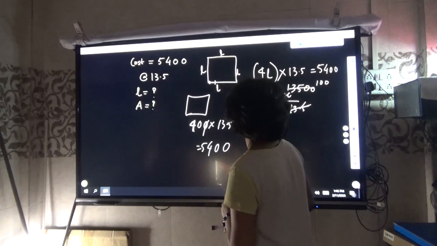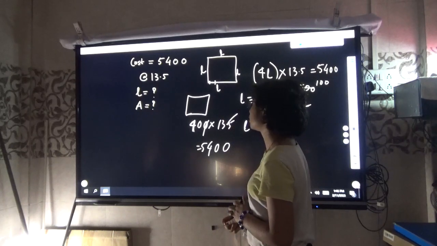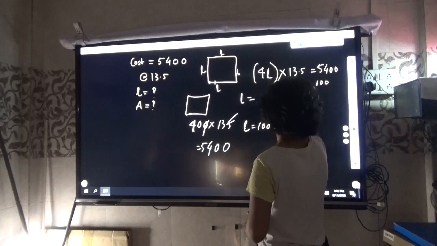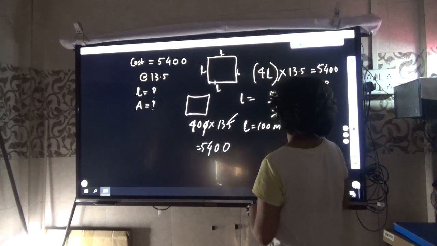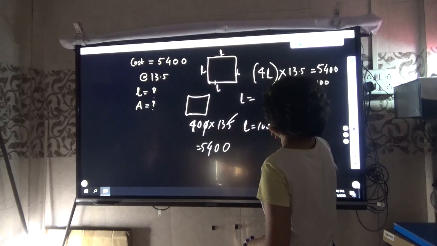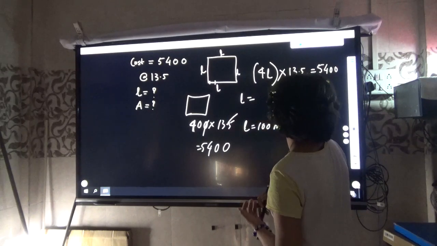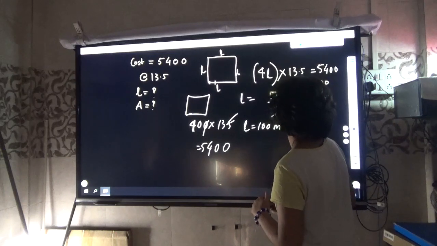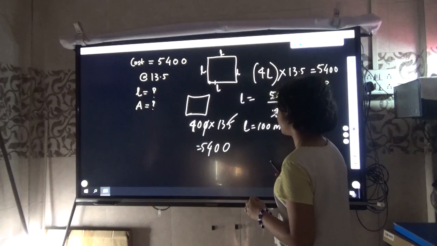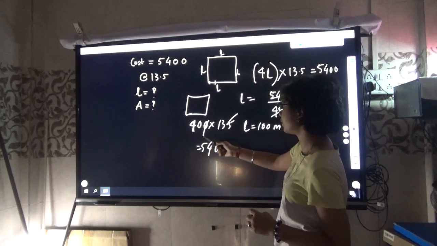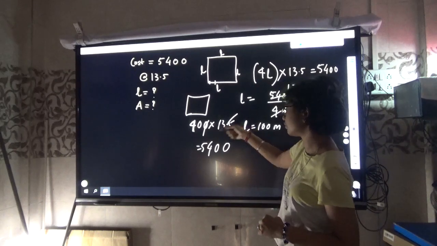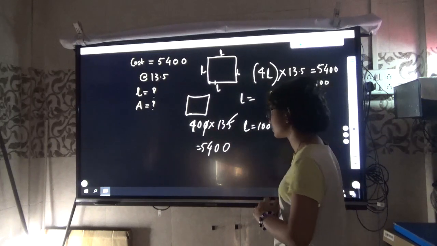So the total cost is 5,400. Then we take the L out. So it's 5,400 by 13.5 into 4. We multiply it and then we get 400 into 13.5. There is a decimal here, so we are going to cut a 0.